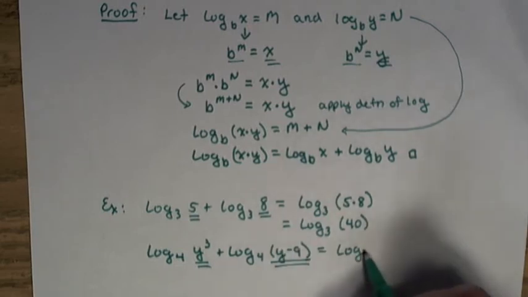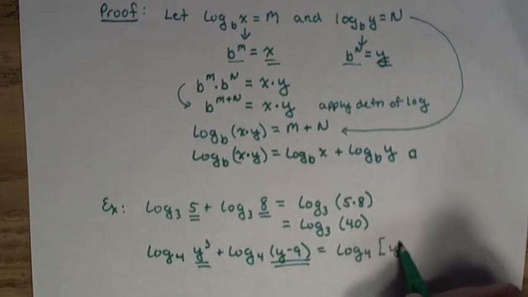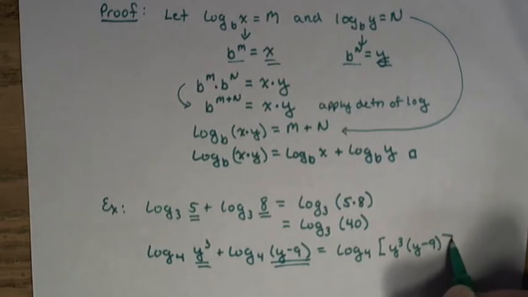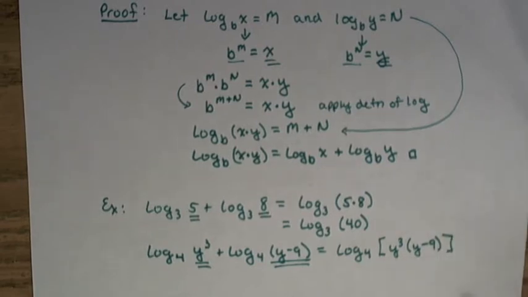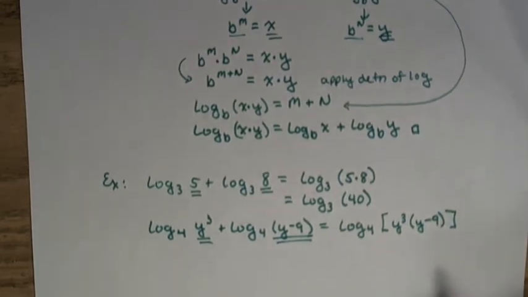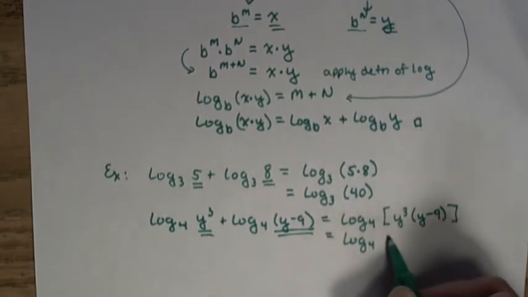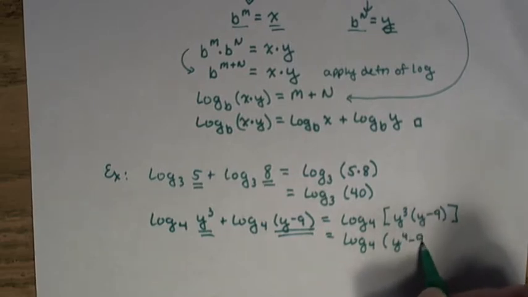So this becomes log base 4 of y cubed times y minus 9. And if I wanted to simplify that a little bit further, I could, and I could say this is log base 4 of y to the 4th minus 9y cubed.